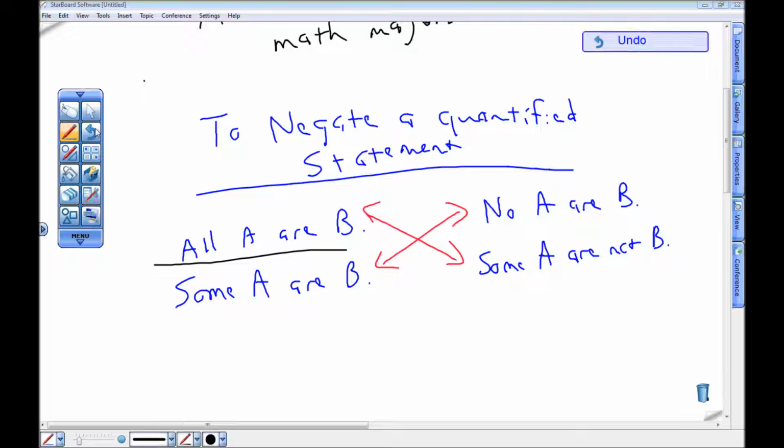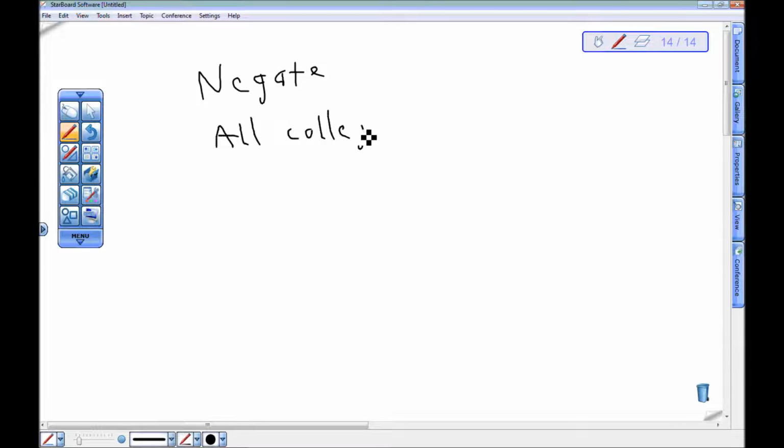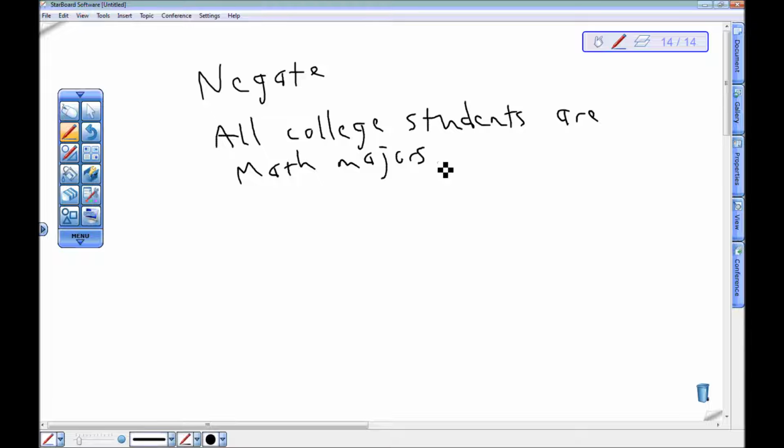Sometimes when I'm trying to do this, I'm going to have to figure out which one of those four forms my statement is. So let's just give this a shot. I want to find the negation of all college students are math majors.